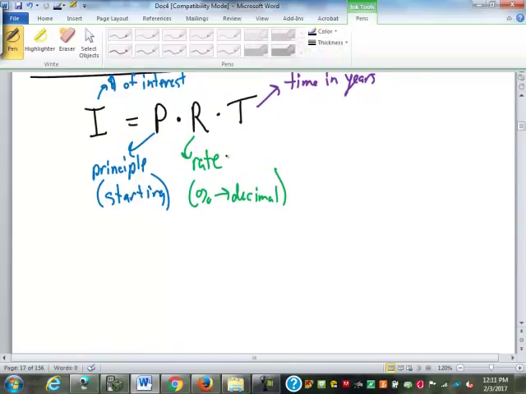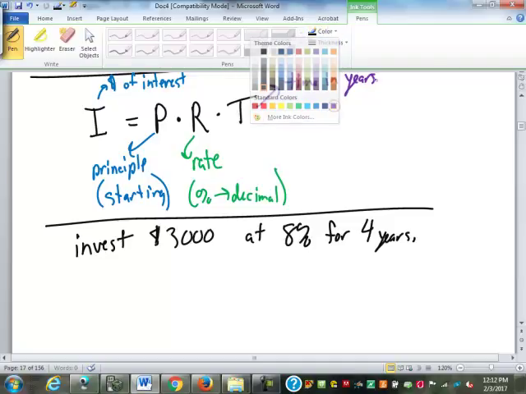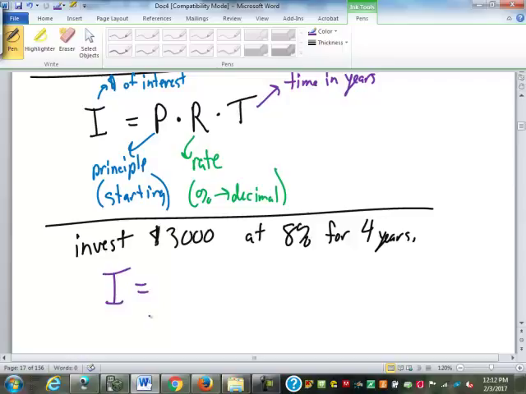So let's say that you put away, you invest $3,000 at 4%. Oh, let's do 8%. Let's make it a little more interesting. Let's go 8% for 4 years. So the amount of interest you're going to earn, I, is the principal. The principal is the starting amount.